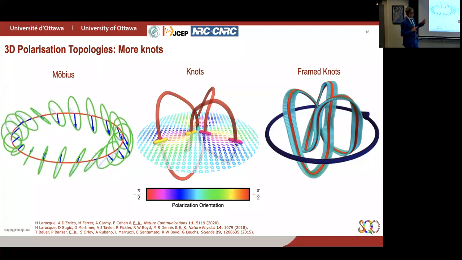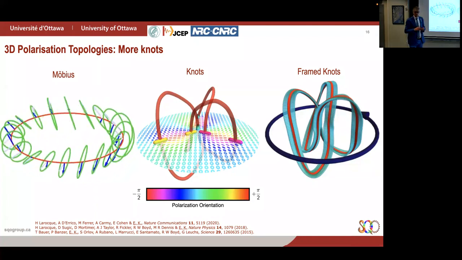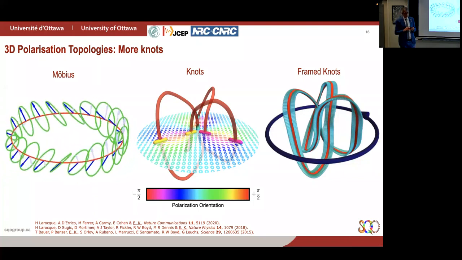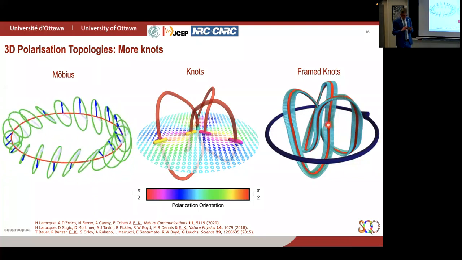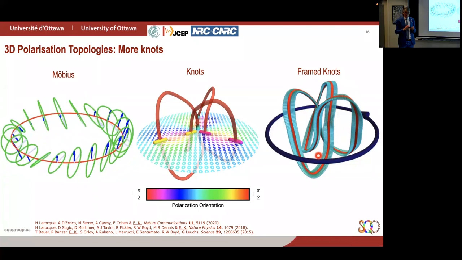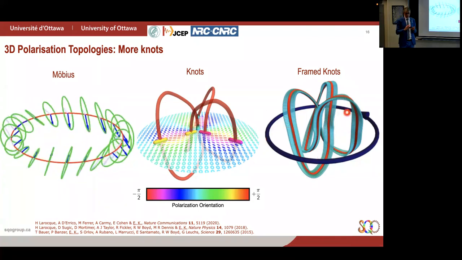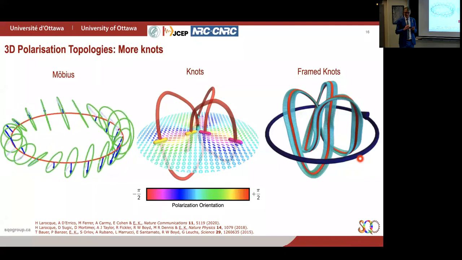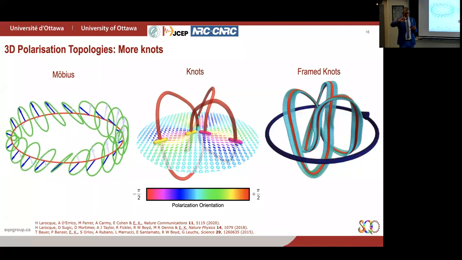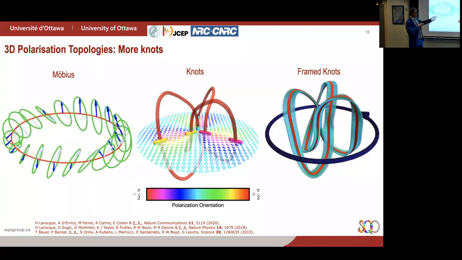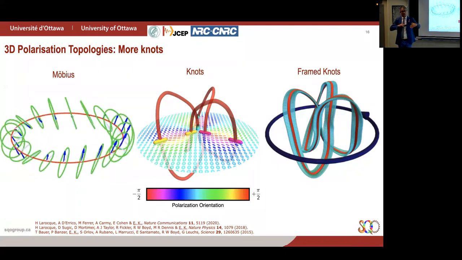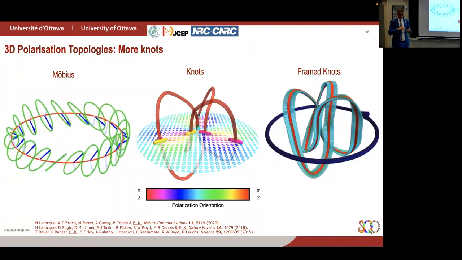And if you do that, essentially you give a frame to the knot, and you will get a new kind of topology, which is moving from a string to a surface, but this surface also has a twist inside. So if you look at the surface, you will see that it looks like a Mobius strip with a certain number of twists upon propagation.